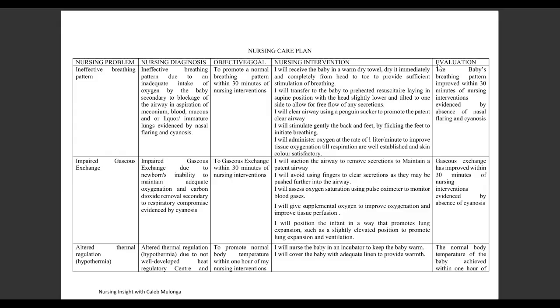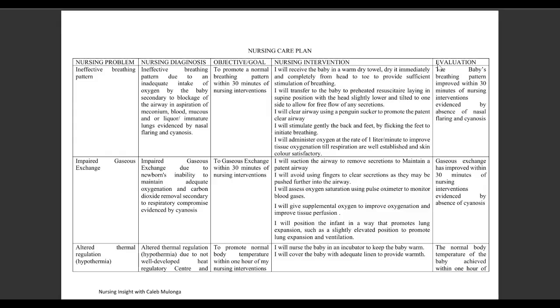So what is happening in our condition here is that in as much as there's a problem in breathing, there is also a problem in gaseous exchange. That is why sometimes these two problems, you can just choose one, in the sense if you do not know the interventions to put, but they are quite different. And the reason is simple. Impaired gaseous exchange has to do with the flow of oxygen into the body and the flow of carbon dioxide out of the body.